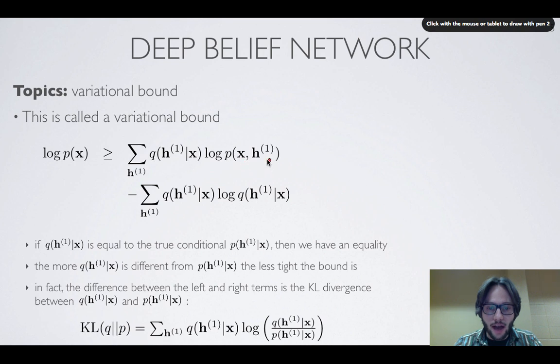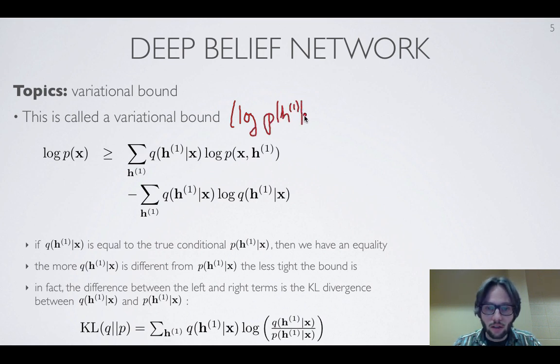So log of P of X and H1, we can write it as the log of P of H1 given X plus log of P of X. That's because P of X and H1 is P of H1 given X times P of X. Then if we take the log of that, that's just going to be the sum of the logs. Now, we're considering the case where Q is exactly the same as P, so we'll just change the Q's to P's.